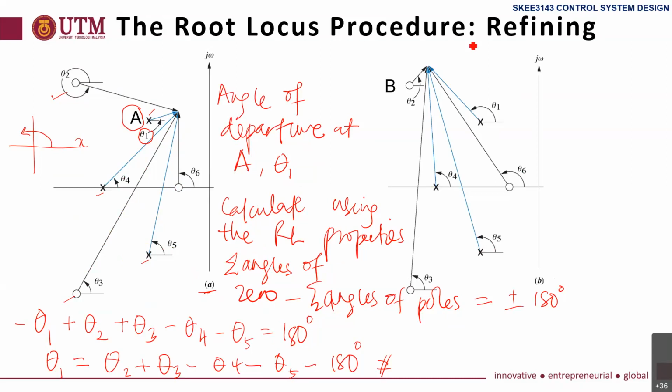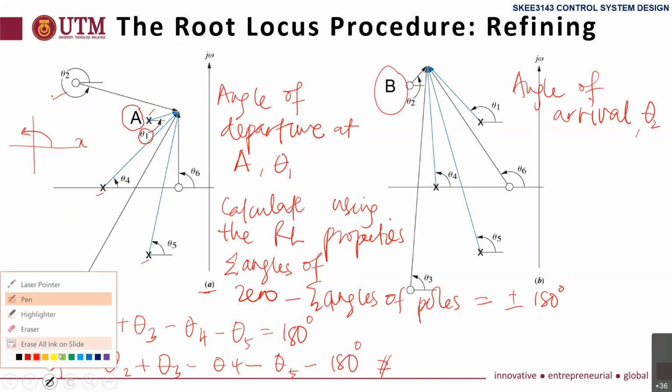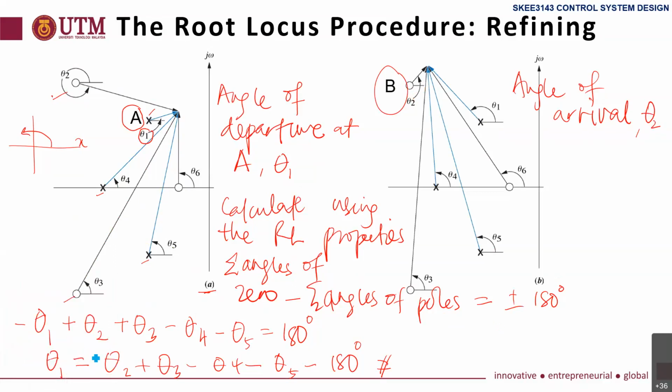Let's see another one, B. B here is to calculate angle of arrival, because for this case the point B is a zero. That means the angle of arrival is theta 2. Using the same properties, we can get the same formula.